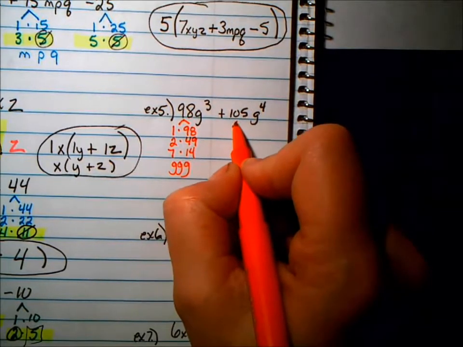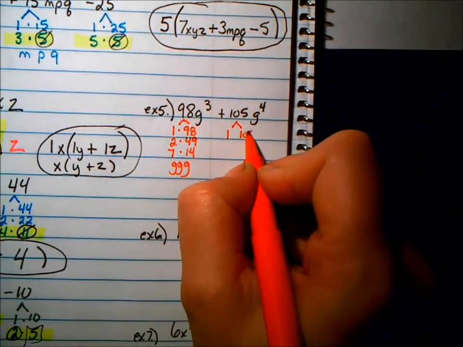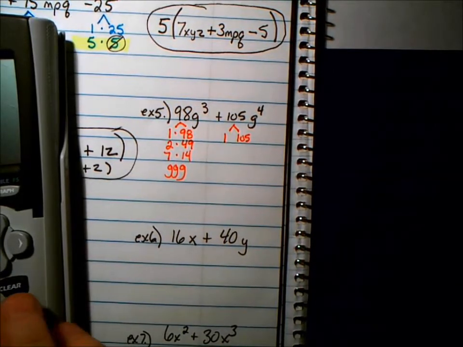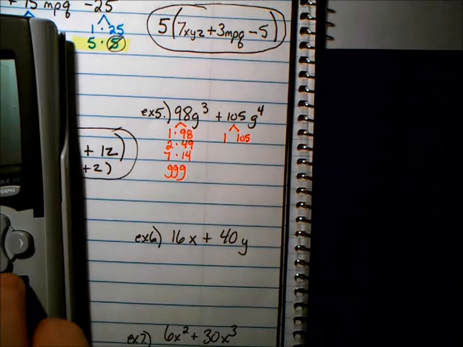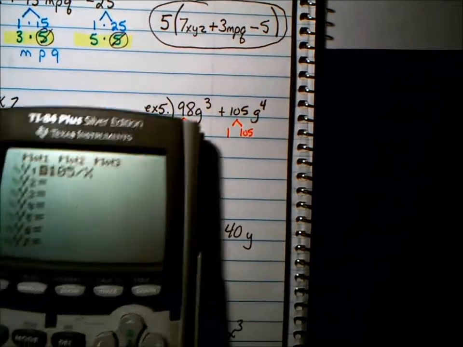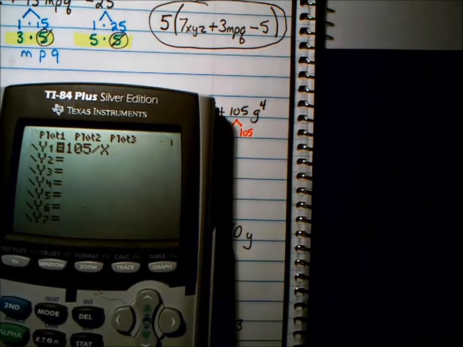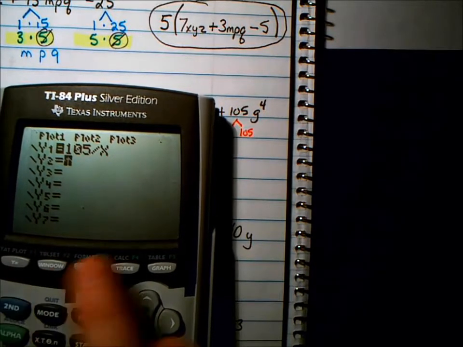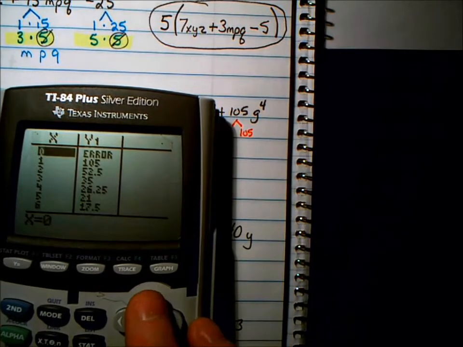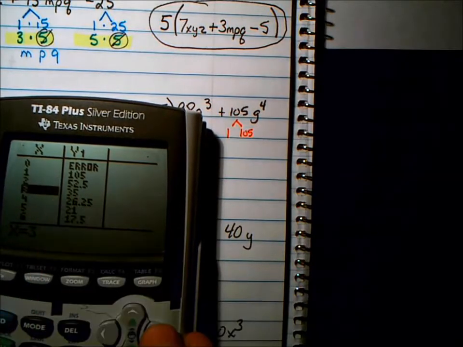If I look at the factors of 105, I have 1 and 105. Let me get my calculator to find these. Clear Y. Okay, so in my calculator, I'm going to do 105 divided by x, and then I'm going to go to my table, go up to 0. So I have 1 and 105, and I only want the whole number answers on the y.